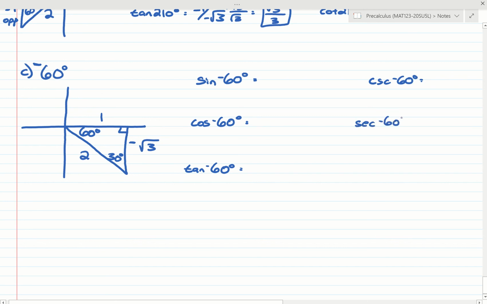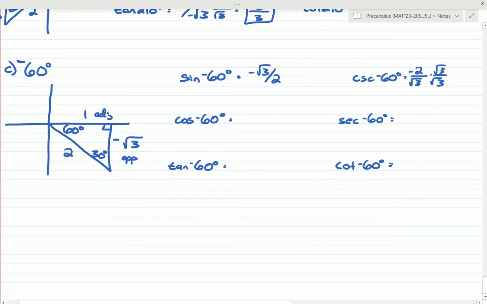I mean, you could check these answers in your calculator, but you're really expected to be able to do this by hand. Looking at our triangle, we do have an opposite side, we have an adjacent side. So the sine would be the opposite over the hypotenuse, and the reciprocal would be negative 2 over root 3. Rationalizing would be negative 2 root 3 over 3.